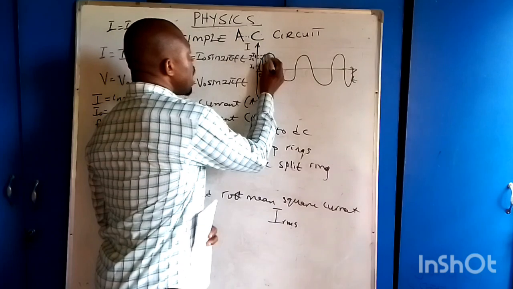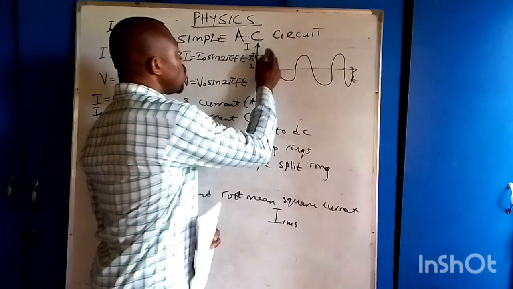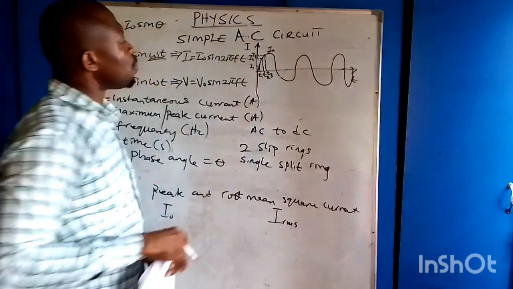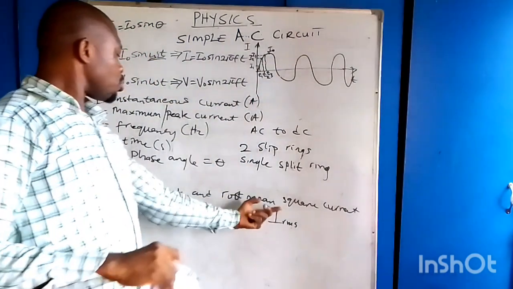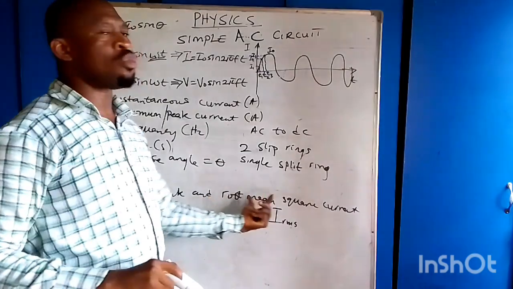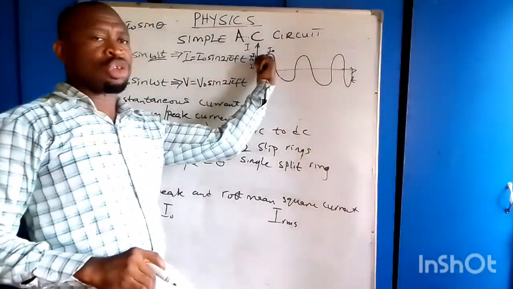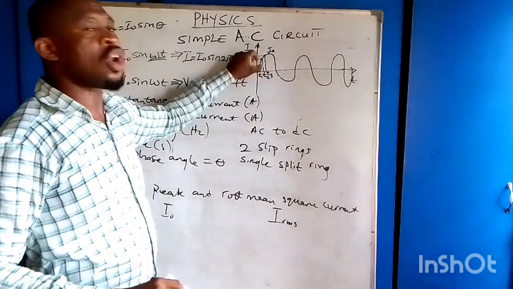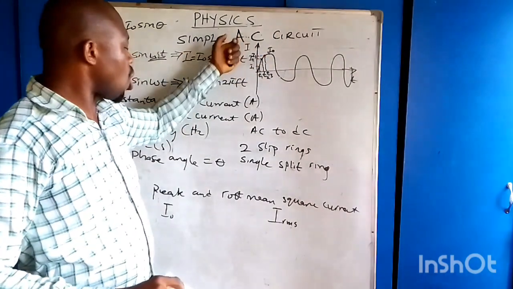Remember, the maximum value here is the I naught, the peak, which is there. Now the difference between the peak and the root mean square, just as we have said earlier, is that the root mean square is just the average of the various instantaneous currents.